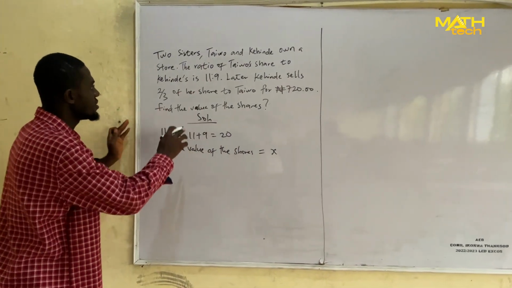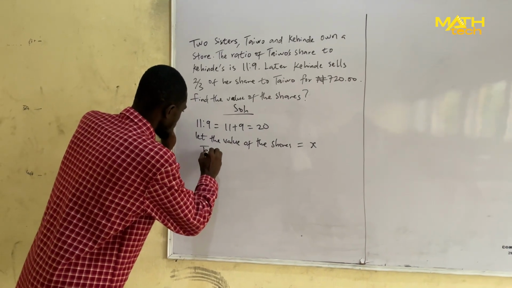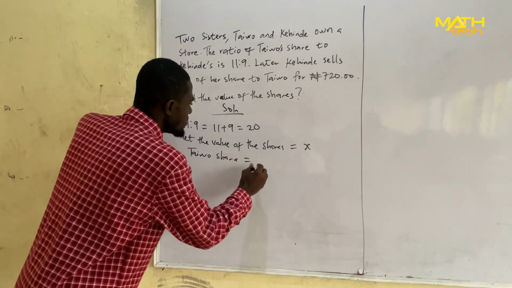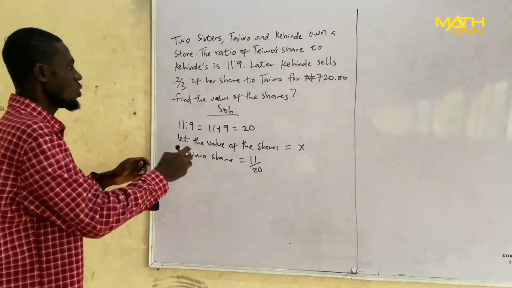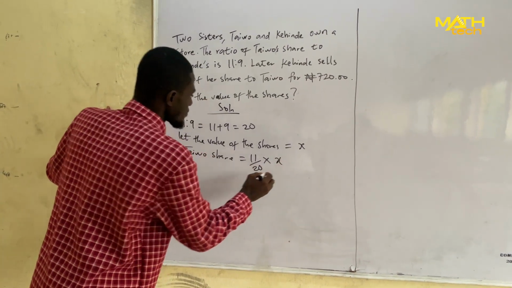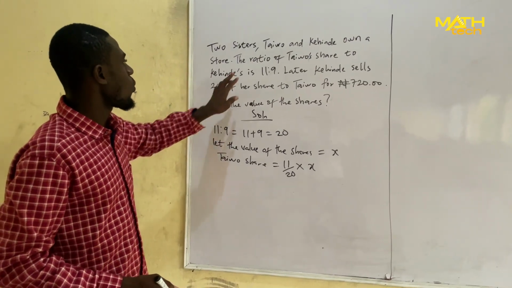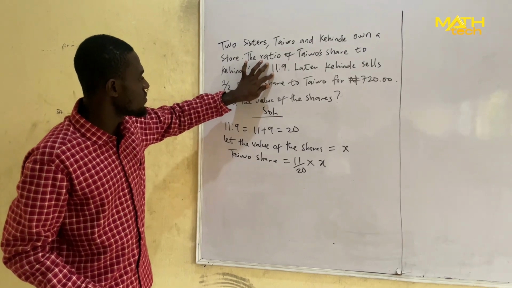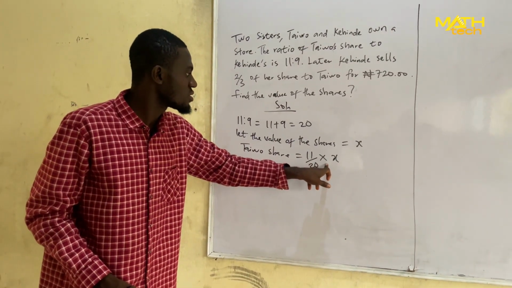So this will be for Taiwo's share. Taiwo's share will be 11/20 times X. Now, Taiwo's share is 11, while Kehinde's share is 9.